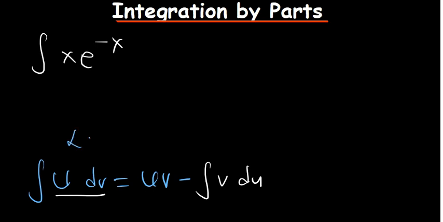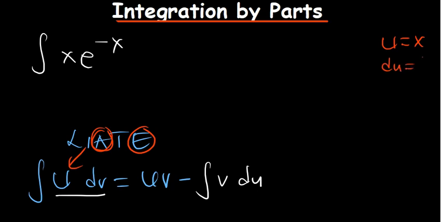We use LIATE to help us identify u. In this case, it's algebra and exponential, so A, therefore our x is u because it's an algebraic function. So our u is x, and our du is automatically 1.